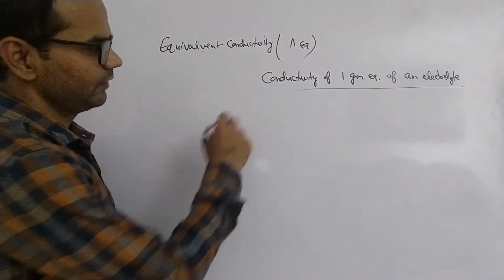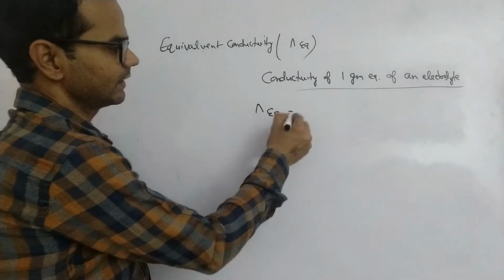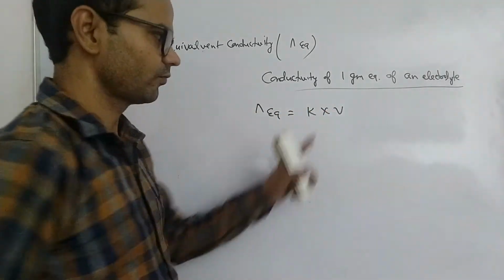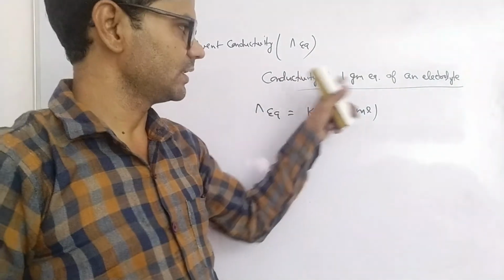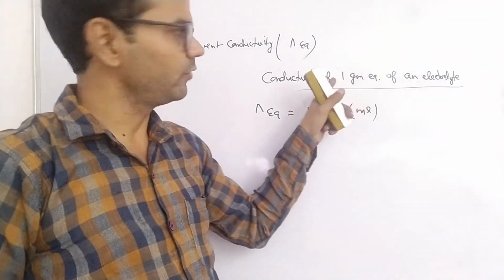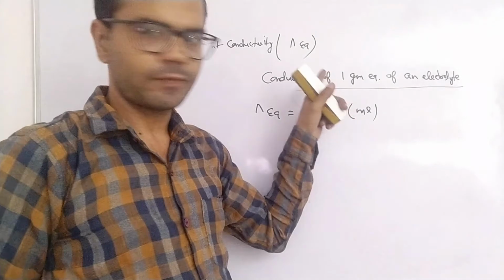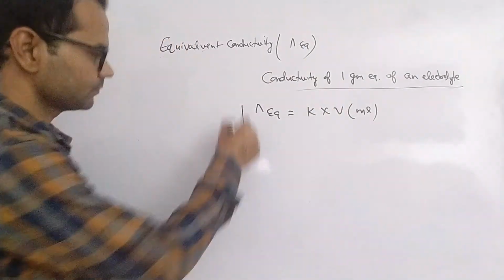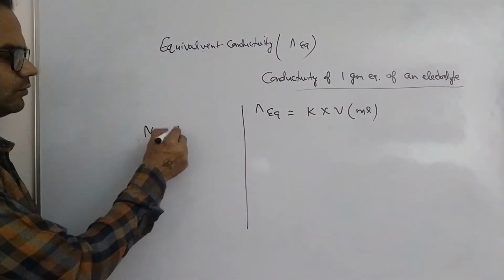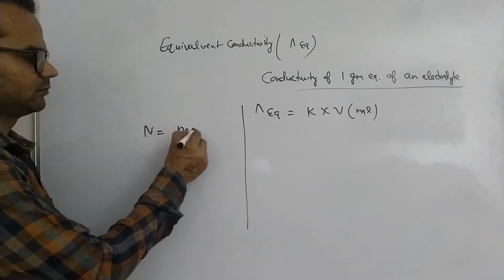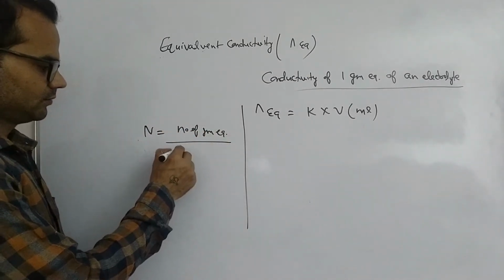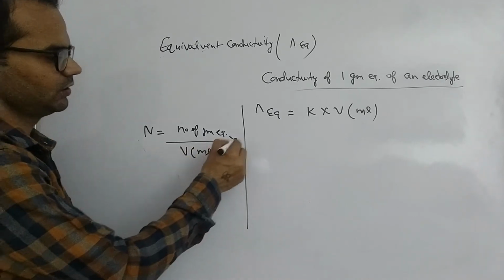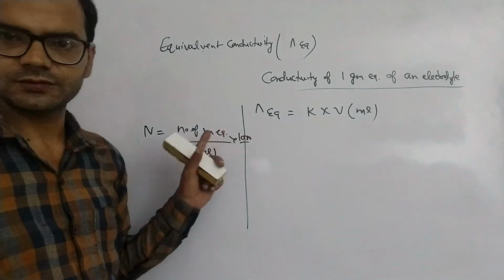So again we can say equivalent conductivity equal to K into V. V is the volume which contains 1 gram equivalent, and the 1 gram equivalent concept we have studied in normality. N equal to number of gram equivalent by volume into 1000.